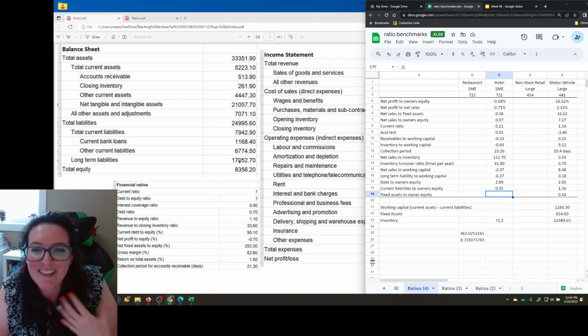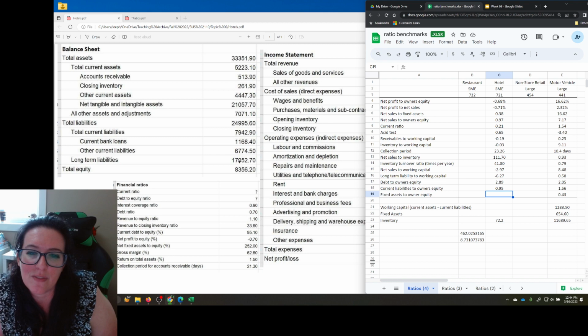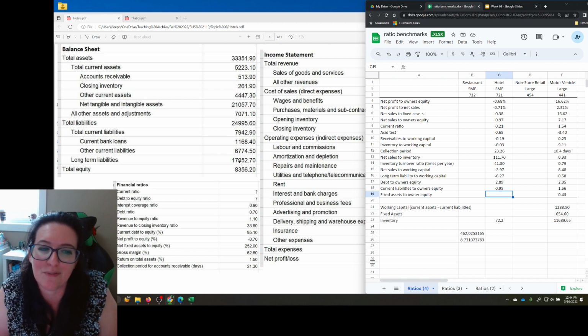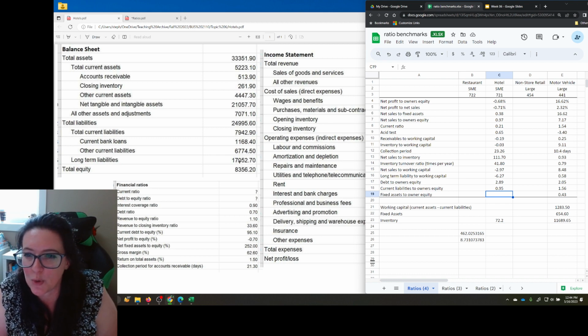So from the investor's perspective, the hotel industry is not going to default. They're going to be able to meet that short-term debt because of the equity that's in there. We had concerns with this hotel industry not having enough assets, but if we look at the equity, that equity is helping to cover any of those debts.